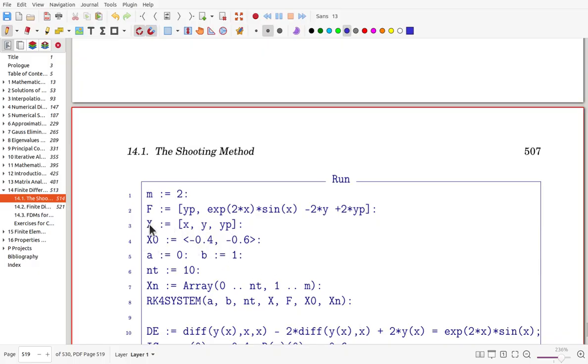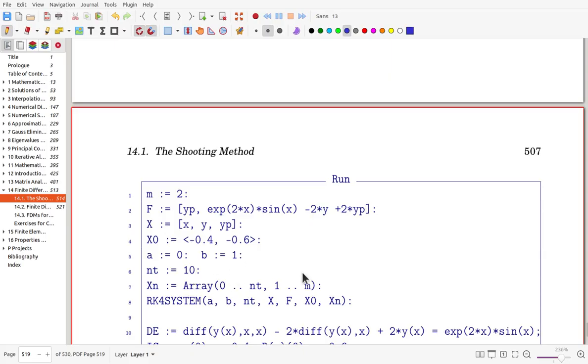We defined these so that the variables, because Maple works with symbolic computation, we have to give the information that x, y, yp are symbolic variables. This is the initial value, and from a to b, 0 to 1, and the number of subintervals is 10.